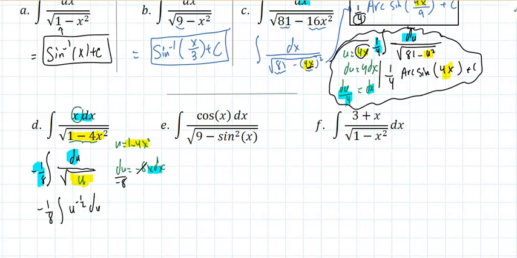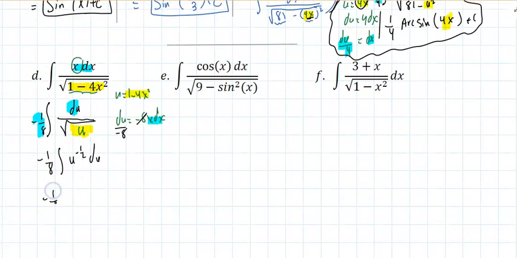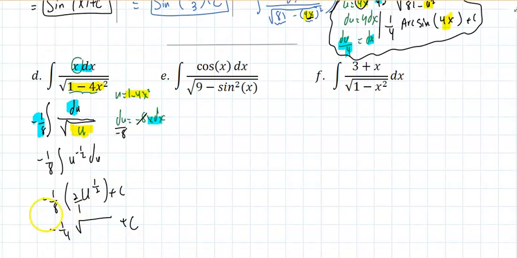Add 1 to the power, divide by that. That's u to the 1/2 divided by 1/2, that's multiplied by 2 over 1 plus c, and that turns out to be a negative 1/4 the square root of u plus c, and we know what u was. That was our sub right there. That was 1 minus 4x squared, and that'll do the trick.